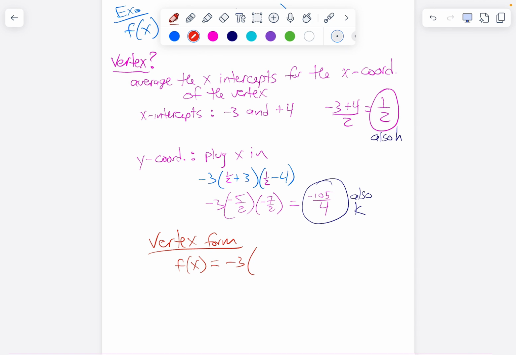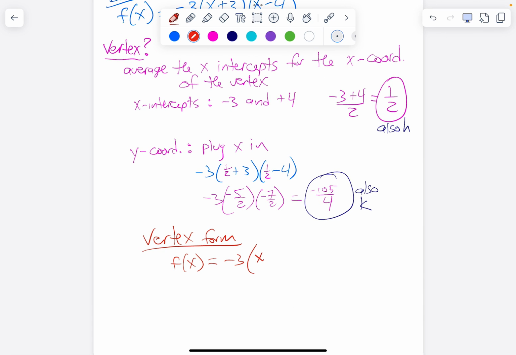What goes inside? Well, x and then minus 1/2 first, squared, and then plus or minus -105/4. Okay.